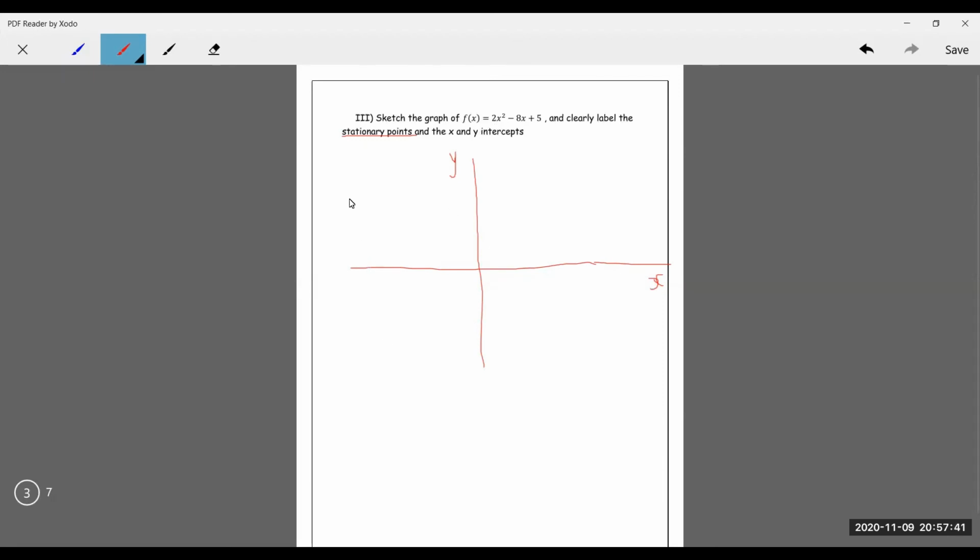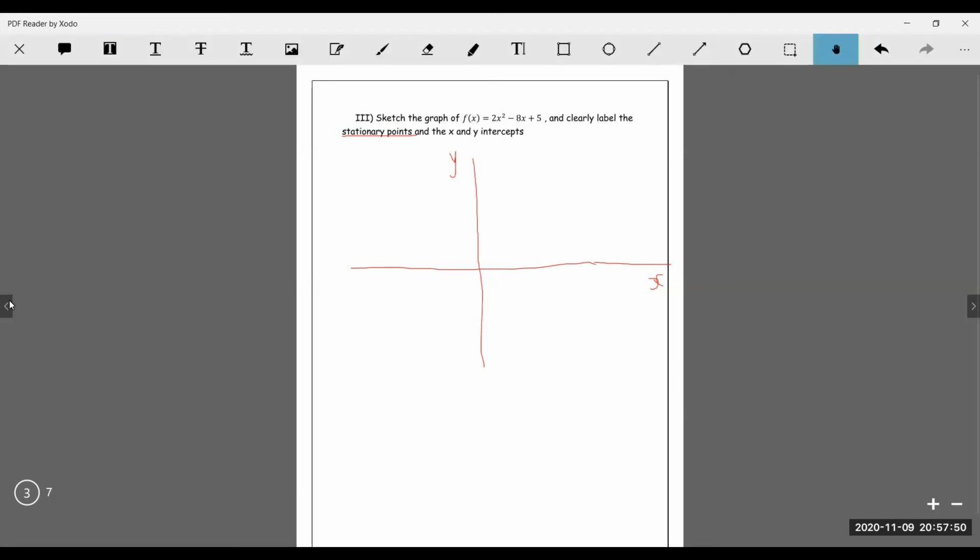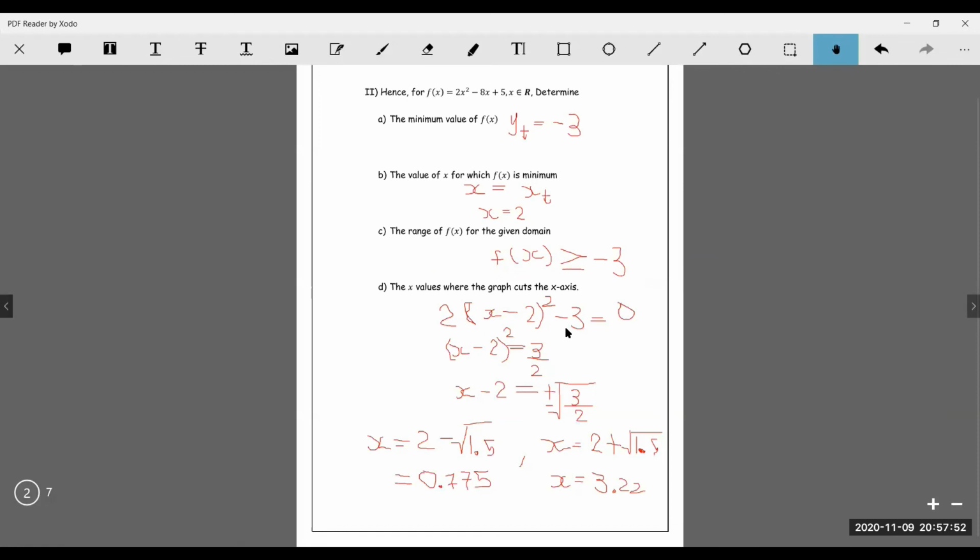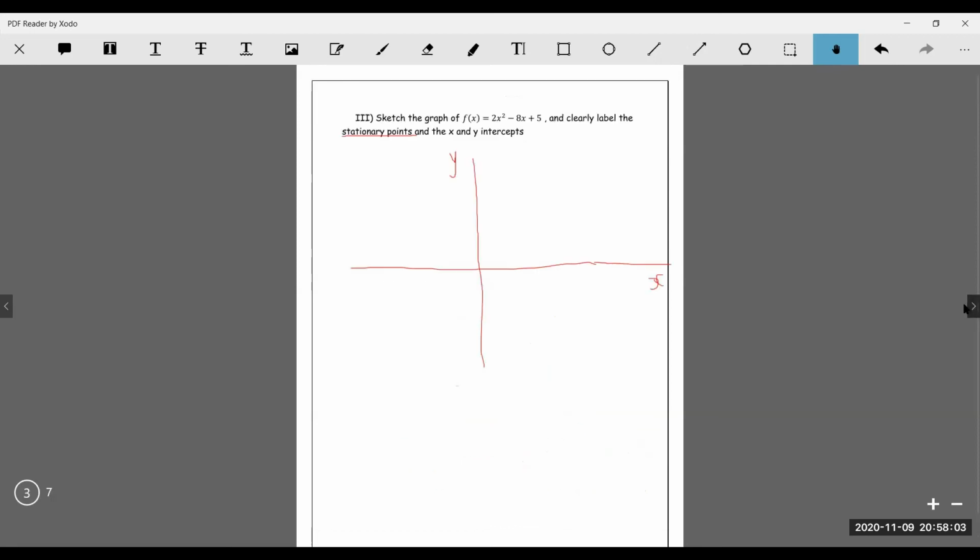So the graph smiles. That's what I know. And it cuts the y-axis at 5. I also know that the roots are 0.77 from around here and 3.22, right? And I also know that the function turns at 2, -3. So 2, -3 is the turning point.